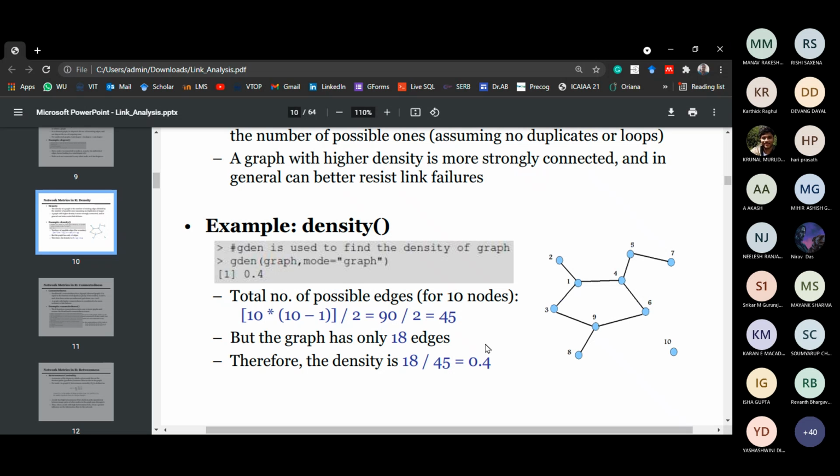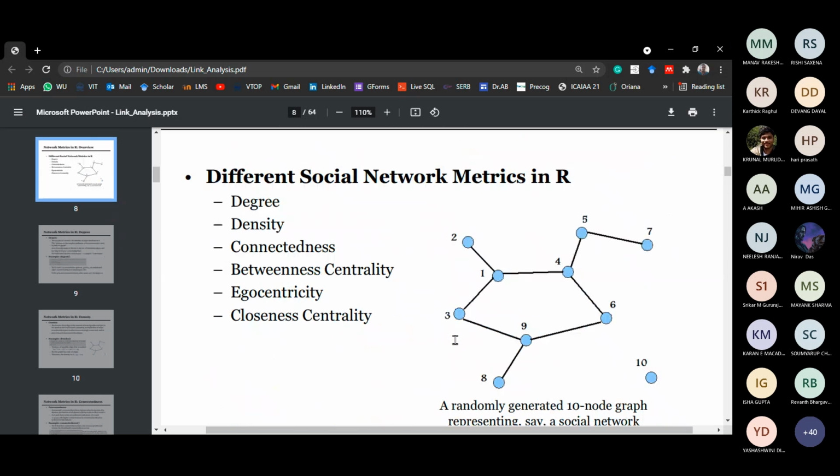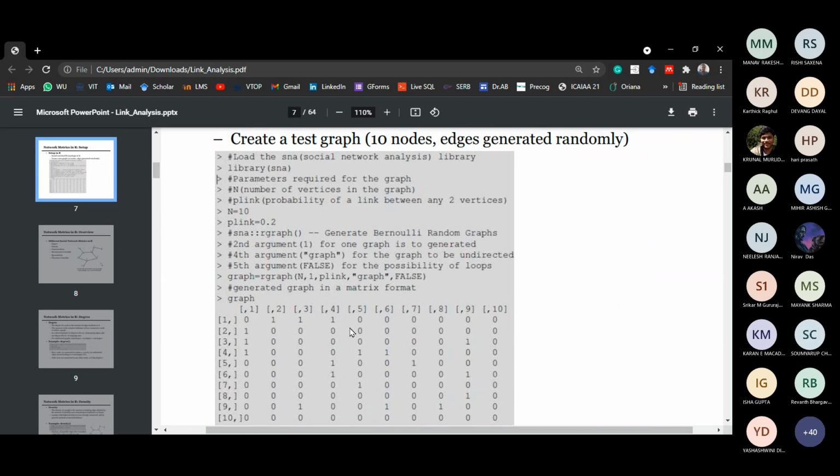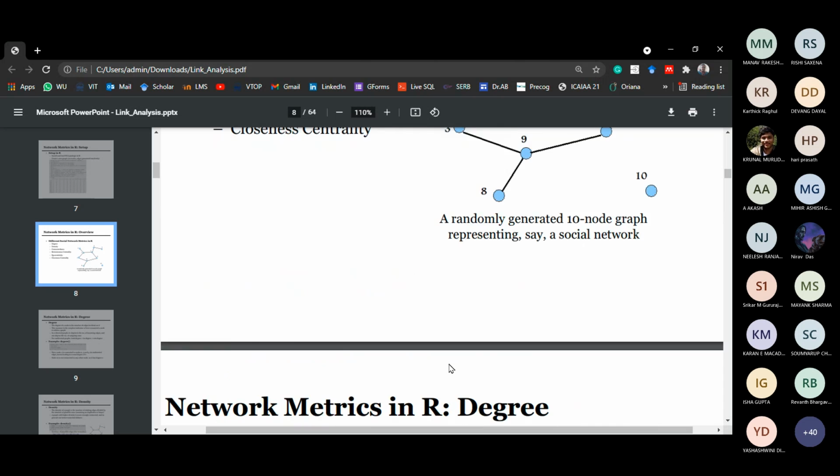So out of these 45 possible connections, how many connections actually exist? 1, 2, 3, 4, 5, 6, 7, 8, 9. So 9 divided by 45. The 18 is for the big graph they are considering. This entire graph has been considered over here.